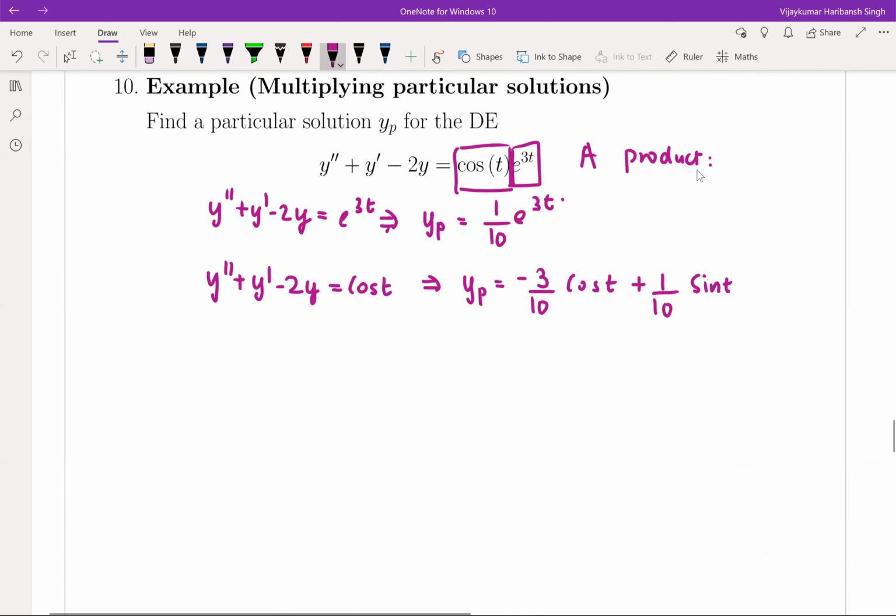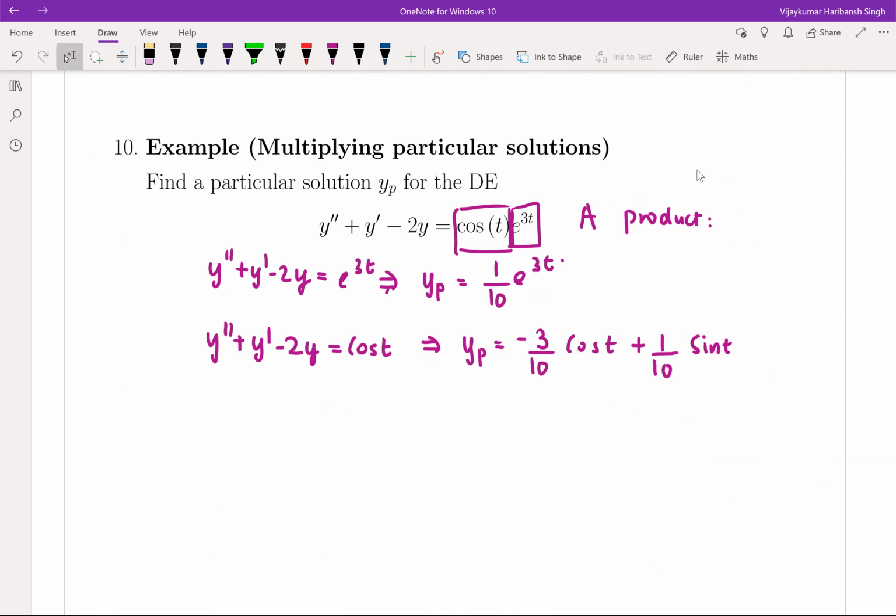Now, we want to find yp of these things multiplied. So we postulate again yp of the form a cos t, sorry, cos t, my bad, a cos t plus b sin t, times e to the power 3t.